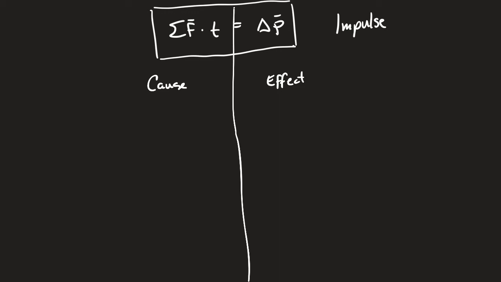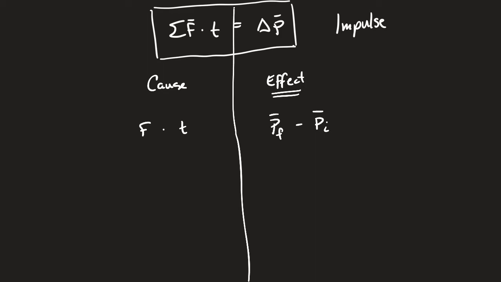But when we're doing impulse, we are merely changing the momentum. So the effect of an impulse is physically looking at the final momentum compared to the initial momentum. This can be in 3 dimensions if necessary. While the cause of the impulse is the size of the force and how long it acts.